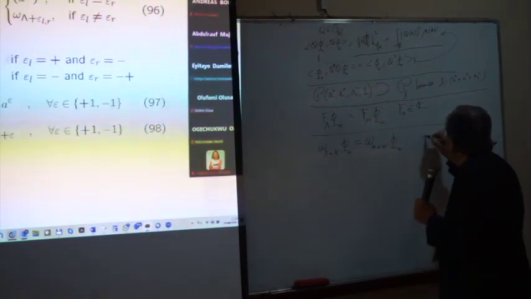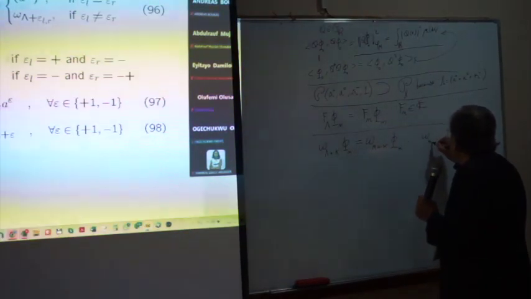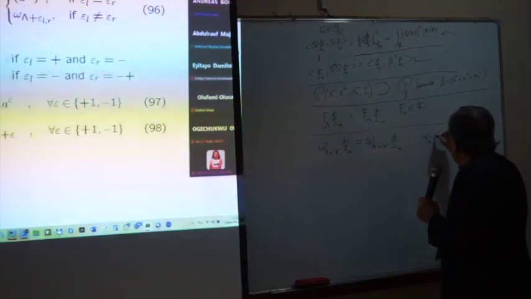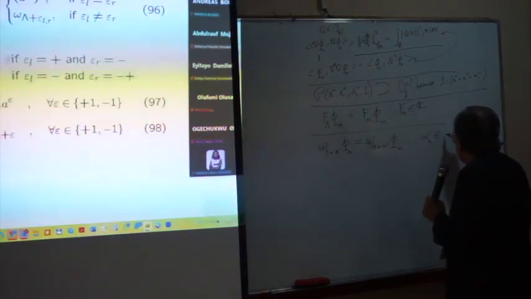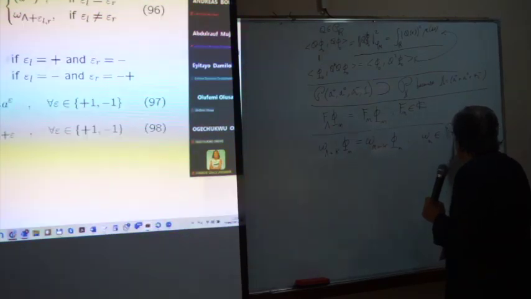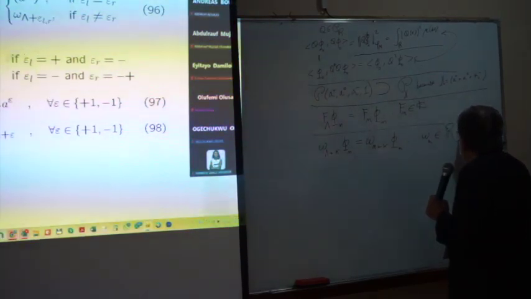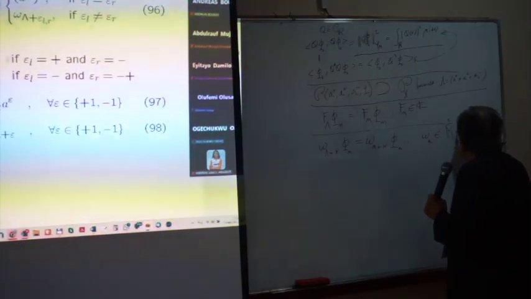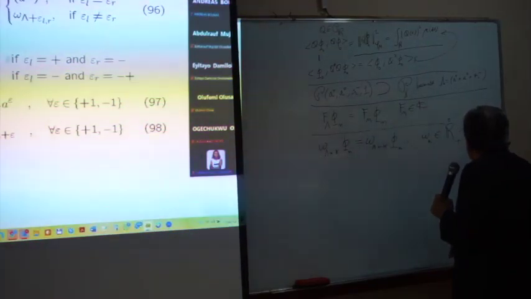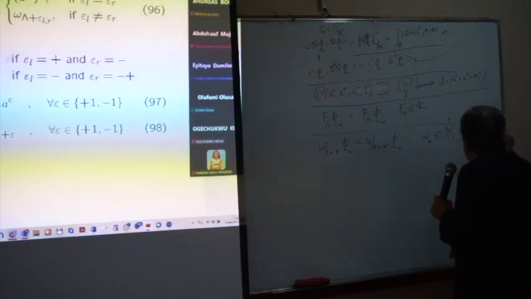And here the omega n, which we met in the three-diagonal Jacobi relation, are positive real numbers, strictly positive. This is by definition.